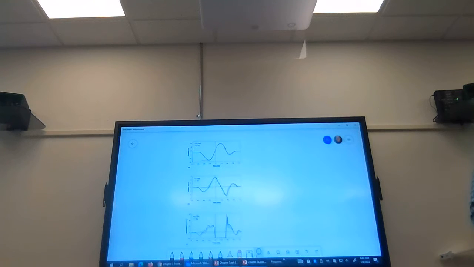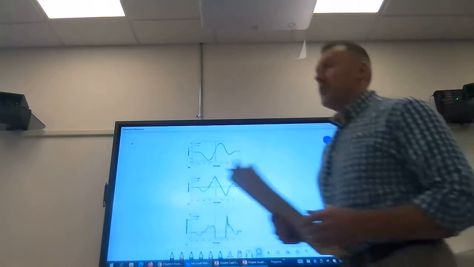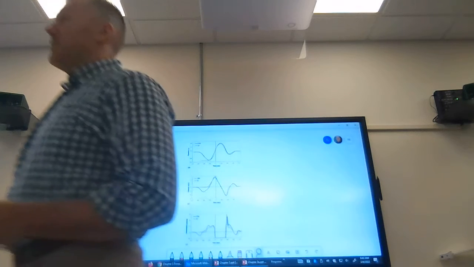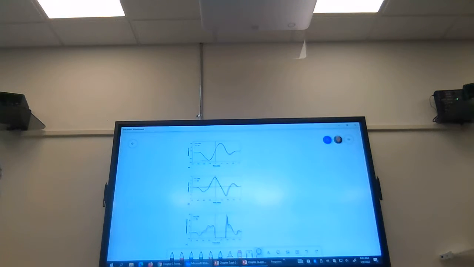And so these graphs at the end of Chapter 2 go over kinematic variables. And when we talk about kinematic variables, we're talking about position, which we define as displacement when we have a change in position. And then when we talk about the rate of change in position, we define that as velocity.